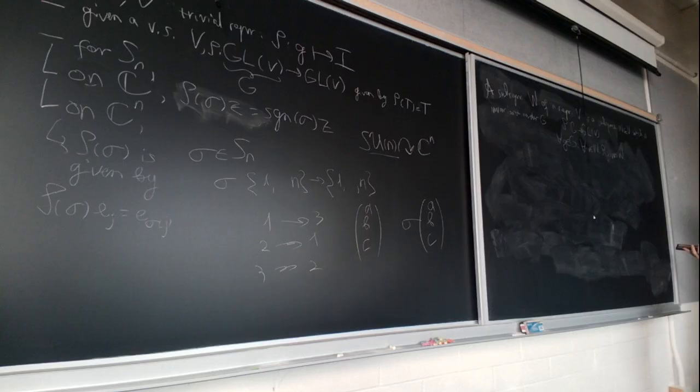Now, question. Why does this definition make sense? Why do we call this a subrepresentation? It's a subspace, but the word subrepresentation suggests that W is also a representation. Why is that so?